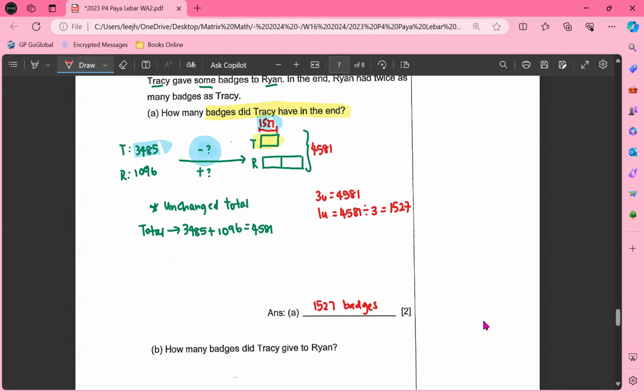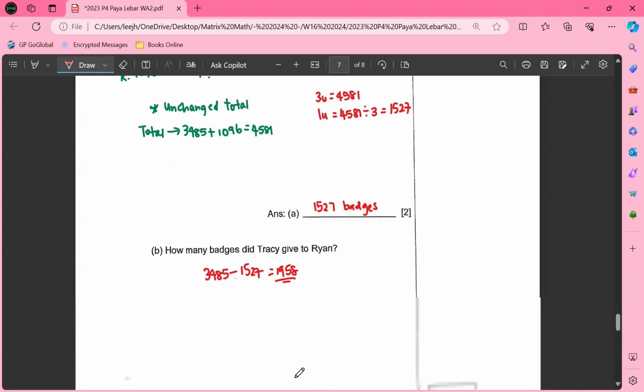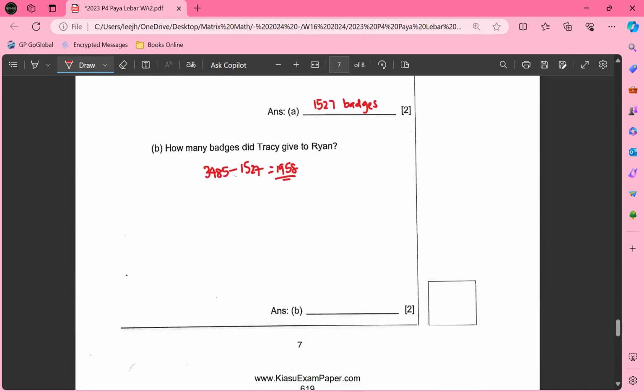So what minus what? 3485 is what she has at first, minus away what she has left, 1527. So 3485 minus 1527 is 1958. So the answer is 1958. Very simple, okay? 2 marks already yours.